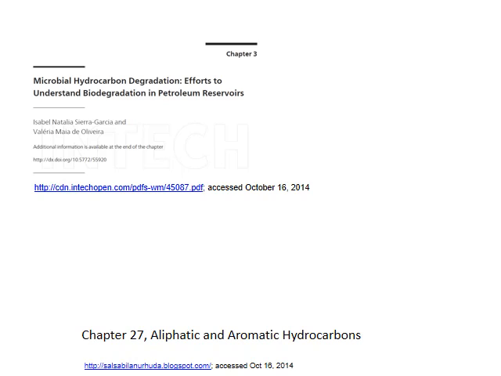Now, before going into all of the toxicology discussion of the various hydrocarbons, I came across this paper that was recently published that looks at microbes and how they degrade hydrocarbons. Microbial hydrocarbon degradation. Efforts to understand biodegradation in petroleum reservoirs.